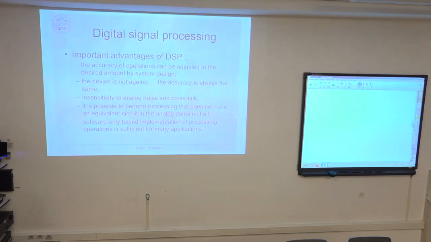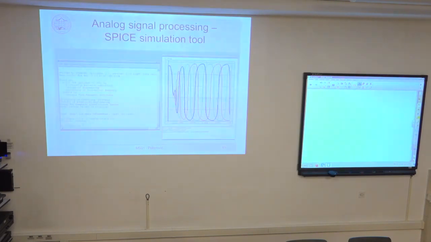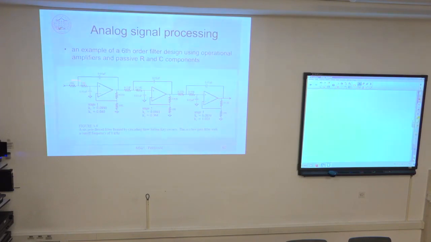Also, the problem with analog components is that they age with time. So the resistor value, for example, once you have taken it from the factory and soldered it into your PCB, has some value, for example, 10 kilo ohms. But after 1 year, after 5 years, it is not 10 kilo ohms anymore.